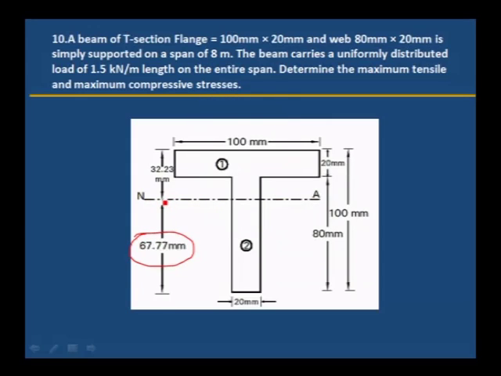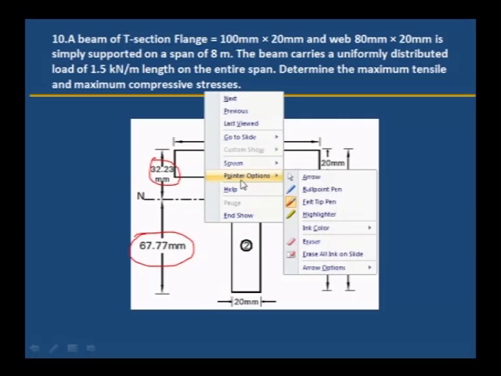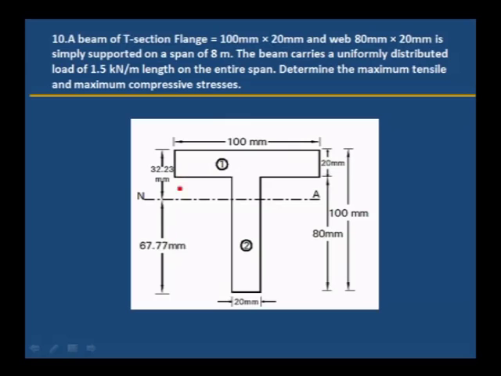That is 67.77 calculated for the location of the neutral axis from the bottom, or from the top it is 32.23. Total is 100. If you know 67.77, then 100 minus 67.77 gives the value of 32.23 as the position of the neutral axis from the top edge.